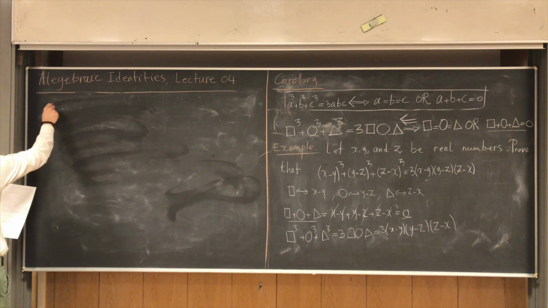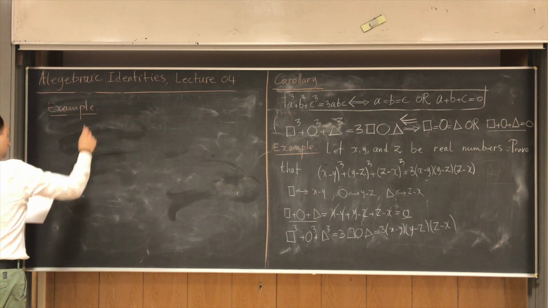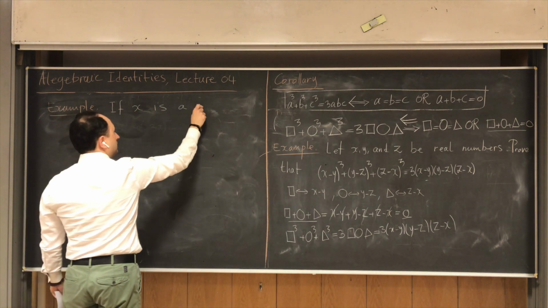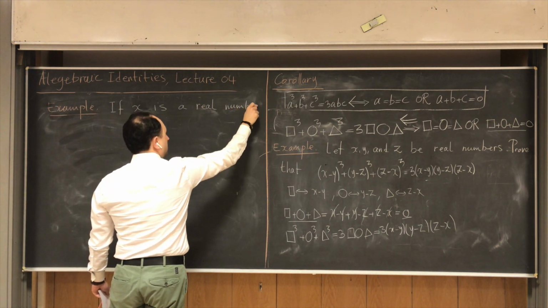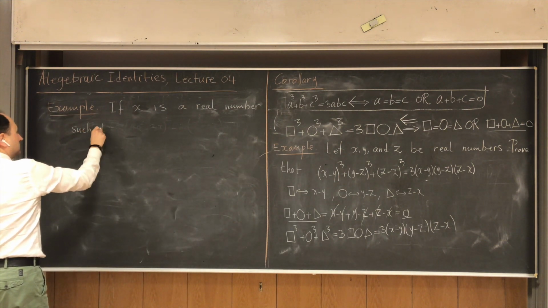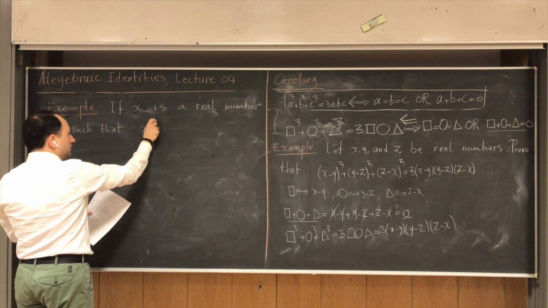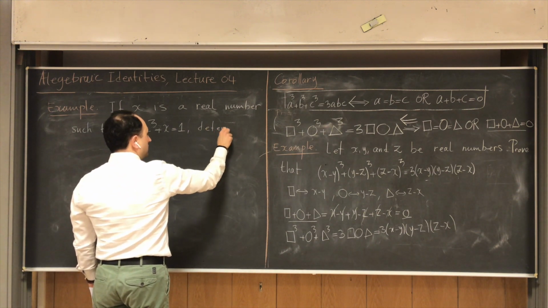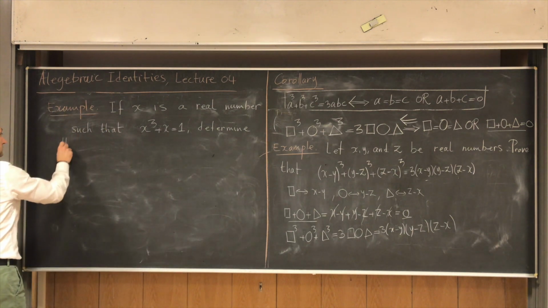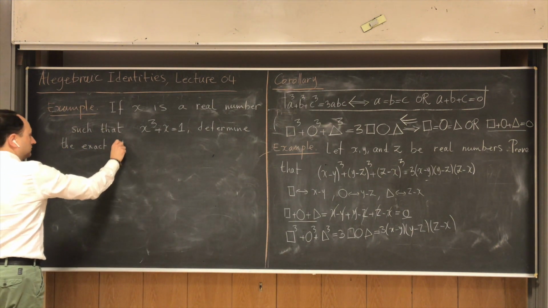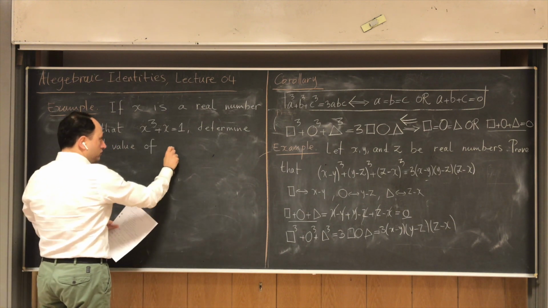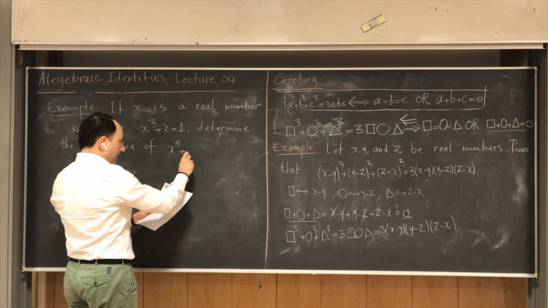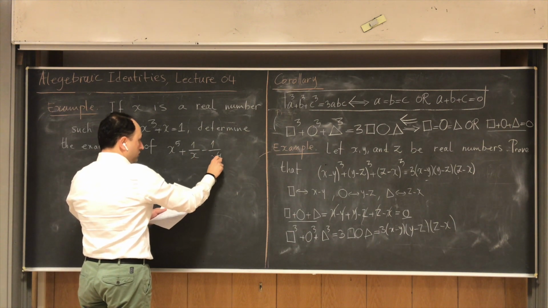Example: if x is a real number such that x to the 3 plus x equals 1, determine the exact value of this expression, x to the 5 plus 1 over x minus 1 times x to the 4.